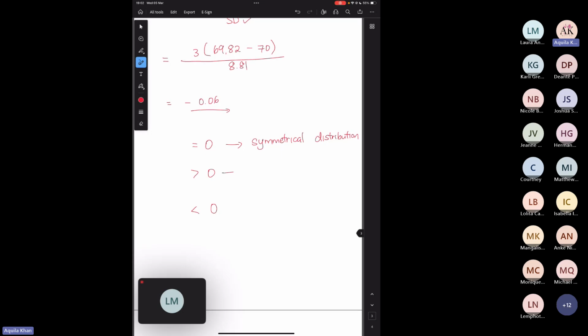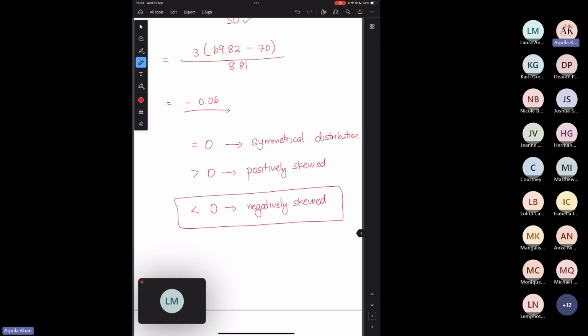So this one does require an interpretation. If it is greater than zero, then it means your data set is positively skewed. And if it is less than zero, then it means that your data is negatively skewed. So in this instance, because we have an answer of minus 0.06, that means it is less than zero.